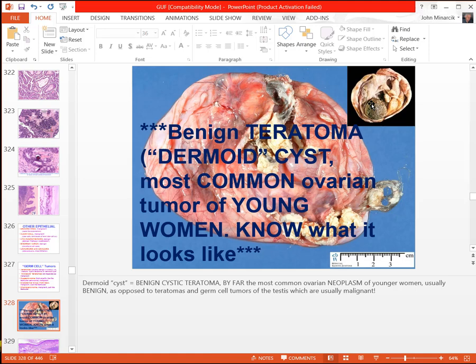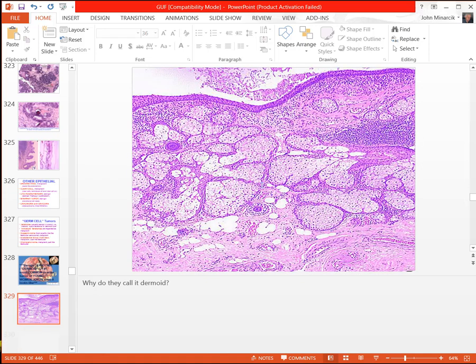I've seen one with a tooth. Some of them even have thyroid tissue. They could take up radioactive iodine, okay? You could do an x-ray of the pelvis and you think it's a dental x-ray. But remember, they have hair and they have sebaceous material, as most of them do, as the prominent thing. In fact, this entire cyst could be filled with yellow, yucky, sebaceous material. Let's go to 342.